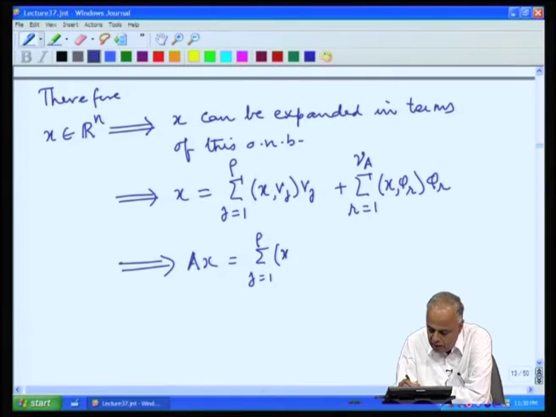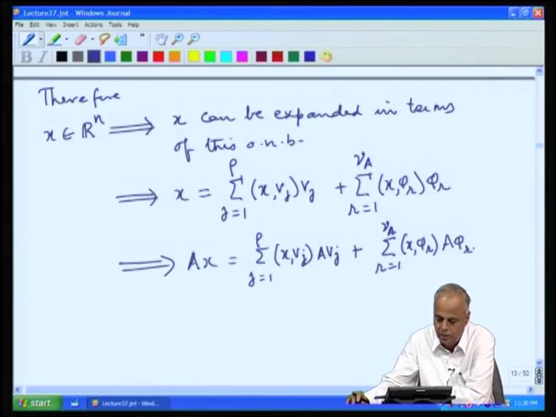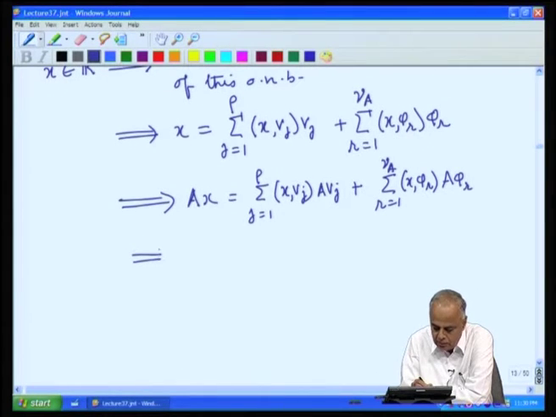The inner product of x and v j is a number because it is the component times A v j, plus summation r equal to 1 to nu a, the inner product of x and phi r is a number times A phi r. That says summation j equal to 1 to rho.